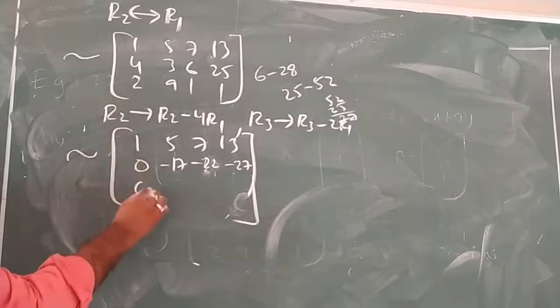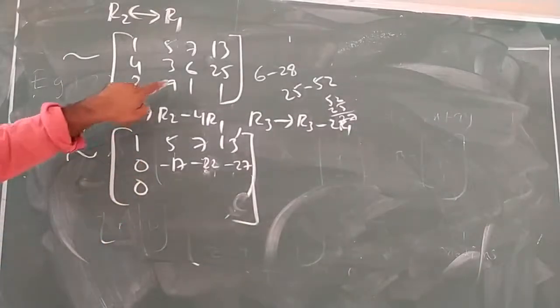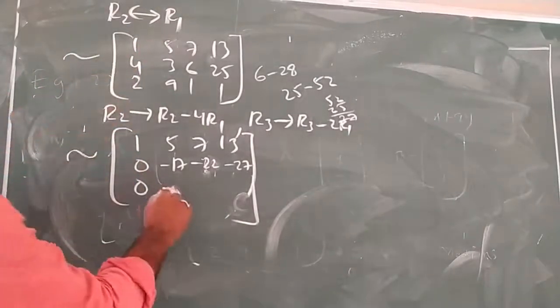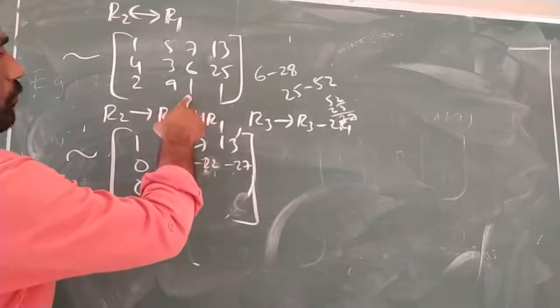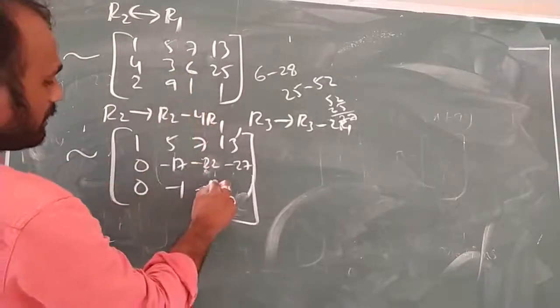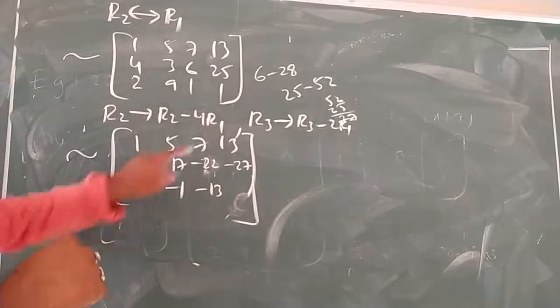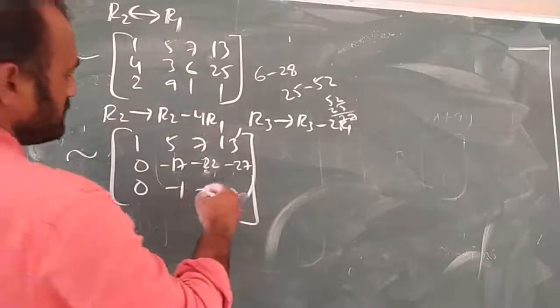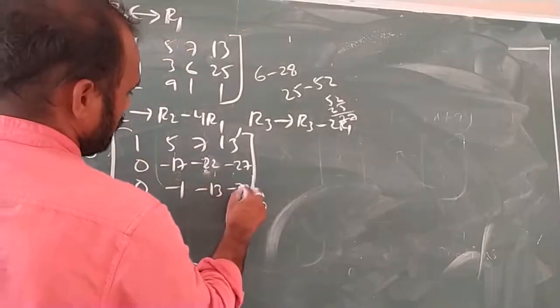Then 2 minus 2 is 0, 9 minus 10 is minus 1, 1 minus 14 is minus 13, 1 minus 26 is minus 25.